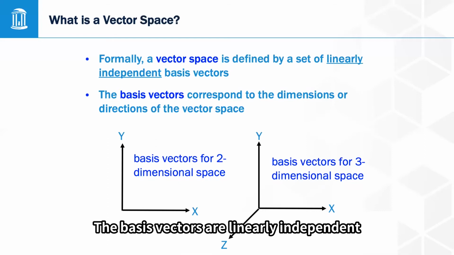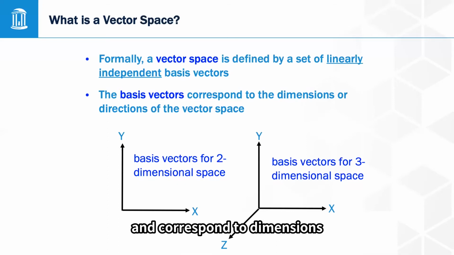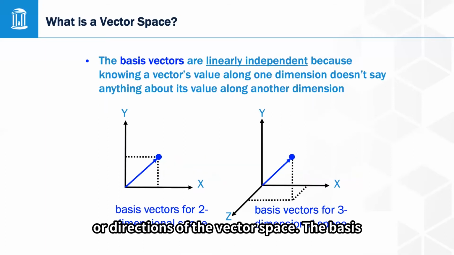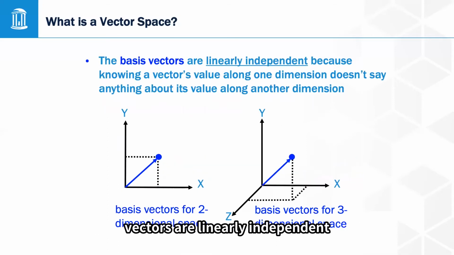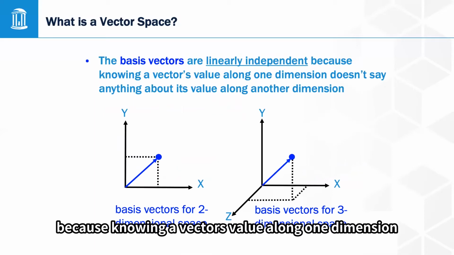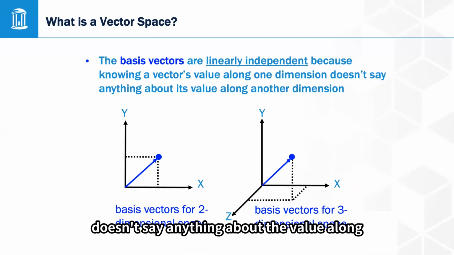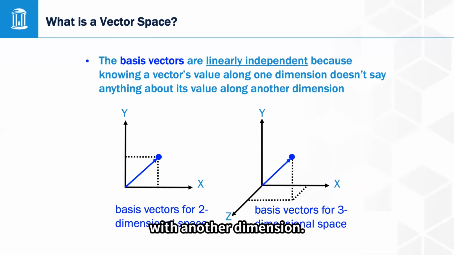The basis vectors are linearly independent and correspond to the dimensions or directions of the vector space. The basis vectors are linearly independent because knowing a vector's value along one dimension doesn't say anything about the value along another dimension. This will make more sense to you when you see an actual example.